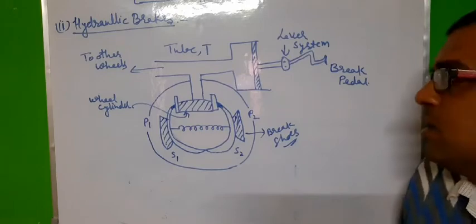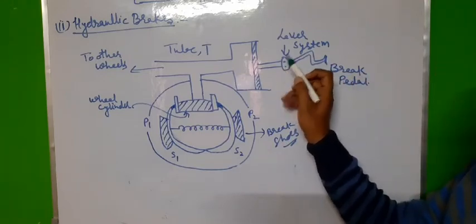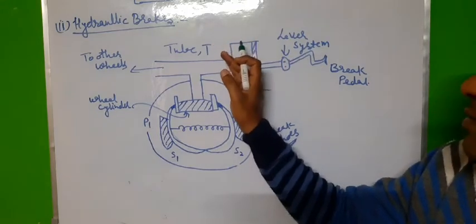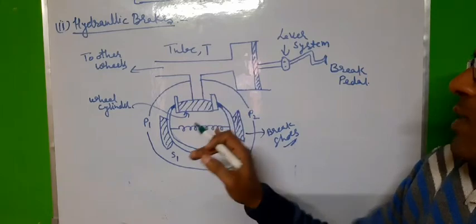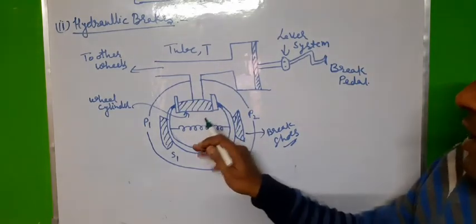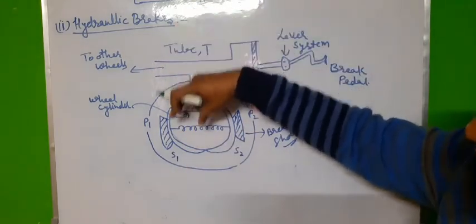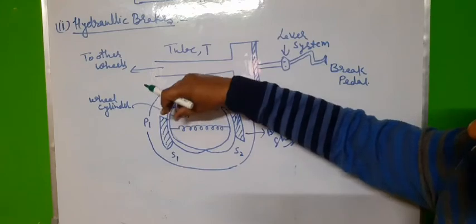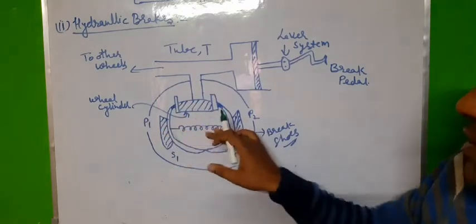Again I am explaining. Suppose we apply the brake, the lever system pushes the piston and the liquid, and the pressure is transmitted throughout the liquid, and then the springs expand. Since the pressure is applied here, there is the expansion in the spring, and the shaft of the wheel is attached with the brake shoes.